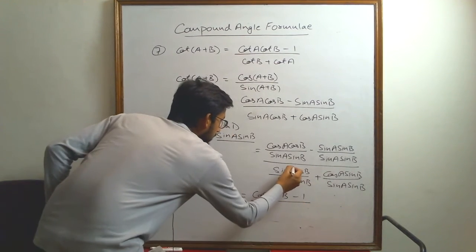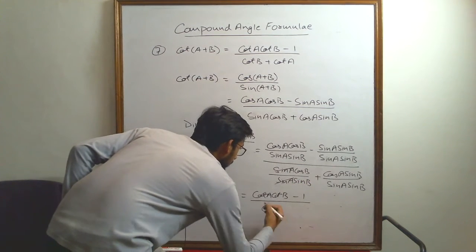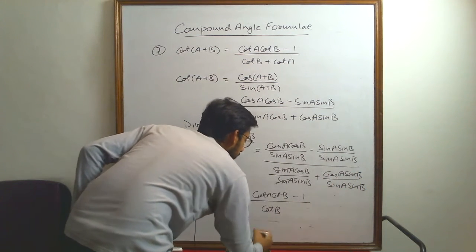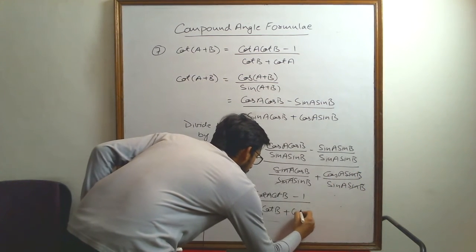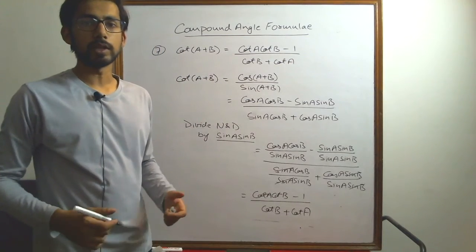Upon, sin A gets cancelled here, cos B upon sin B is cot B, sin B upon sin B gets cancelled, cos A upon sin A is cot A. So this gives us the formula for cot A plus B.